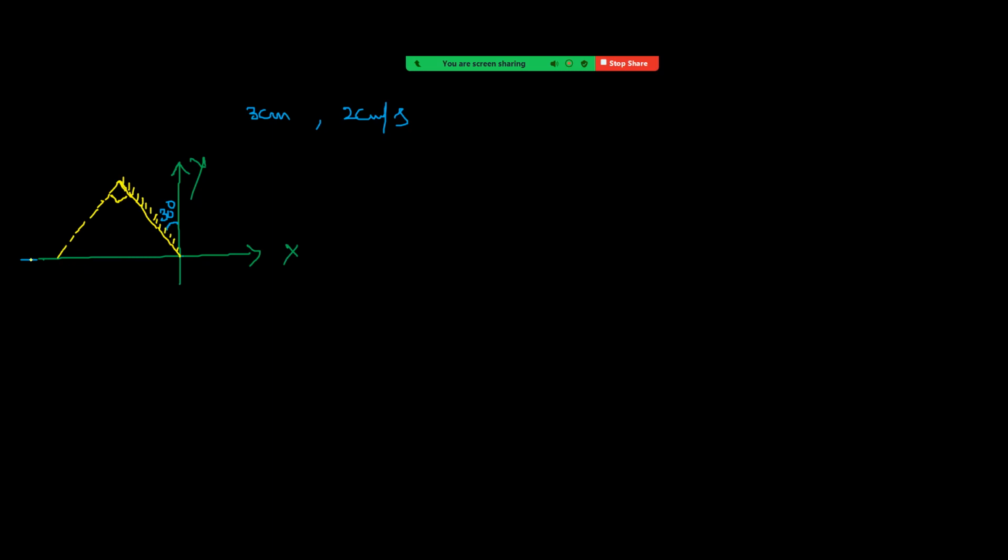Now see carefully. Let us call this point O, this is A, and this is B. You just imagine the insect is now left of point A. I will make one more diagram to make it clear.